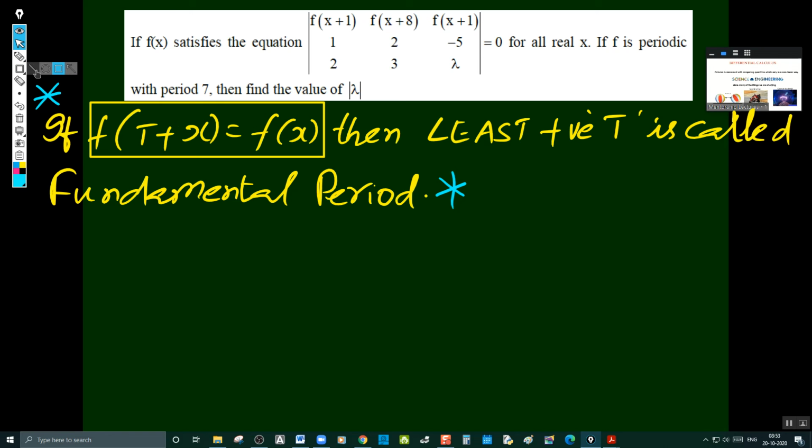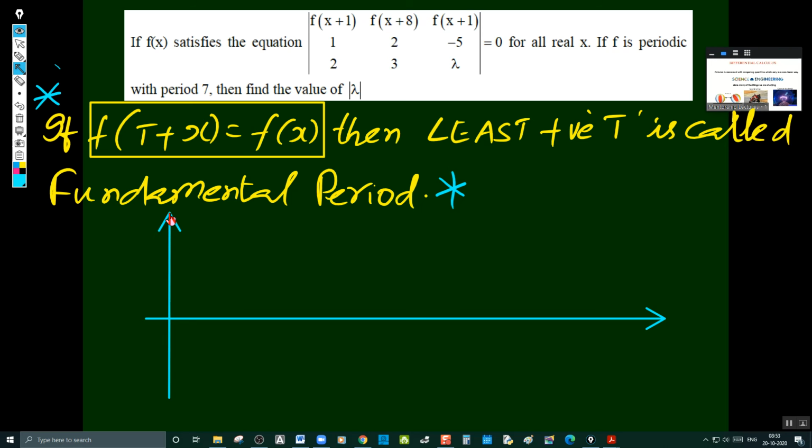So if you want to understand this instantly, take the graph of sine x from the positive side of the x-axis. Briefly I'll revise it in this way.